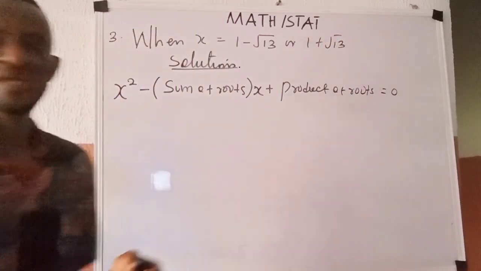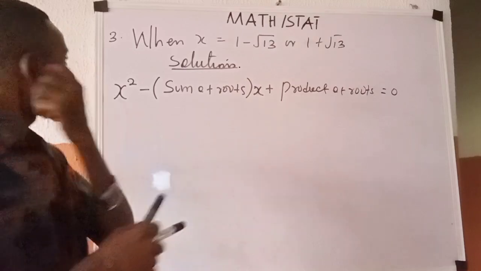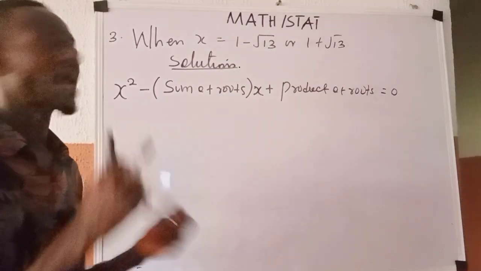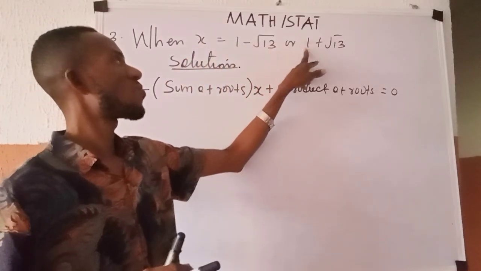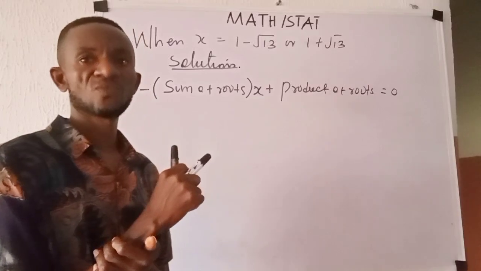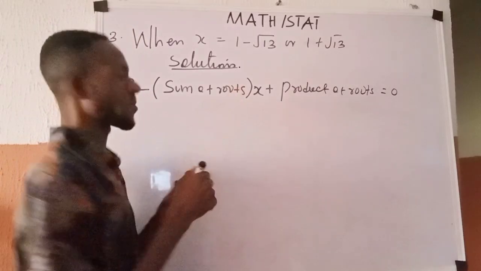That's the question that we are equally asked to solve. Now we should find the quadratic equation whose roots are 1 minus root 13 or 1 plus root 13. So in that case, we are going to use what we have on the board.